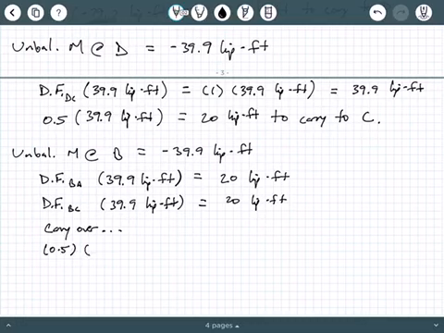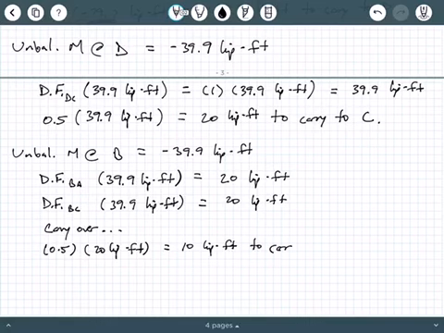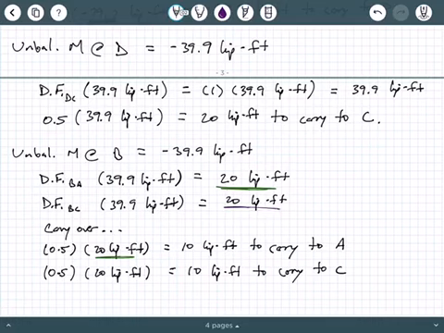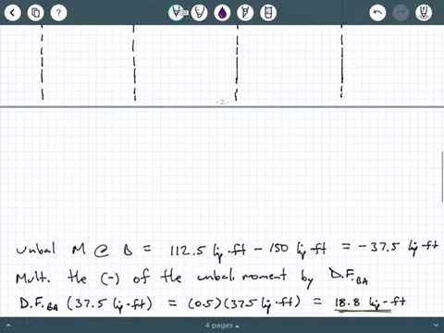So we're going to say 0.5 times 20 kip feet is 10 kip feet to carry to A. So again, this 20 right here corresponds with this 20 to carry to A. And then 0.5 times 20 kip feet is 10 kip feet to carry to C. So this 20 kip feet corresponds with that 20 kip feet to carry to C.